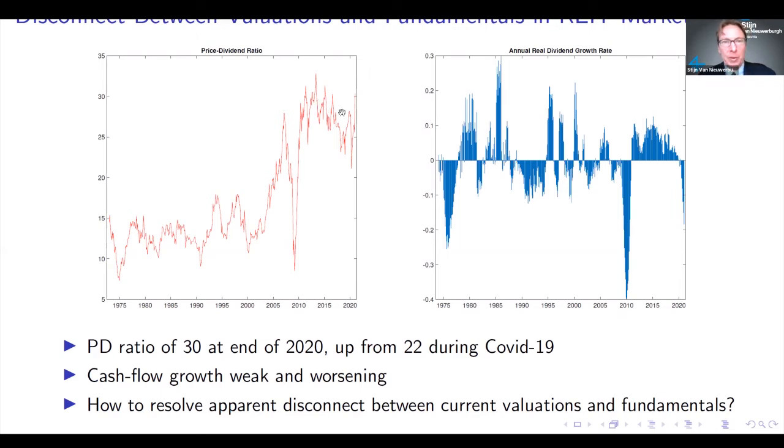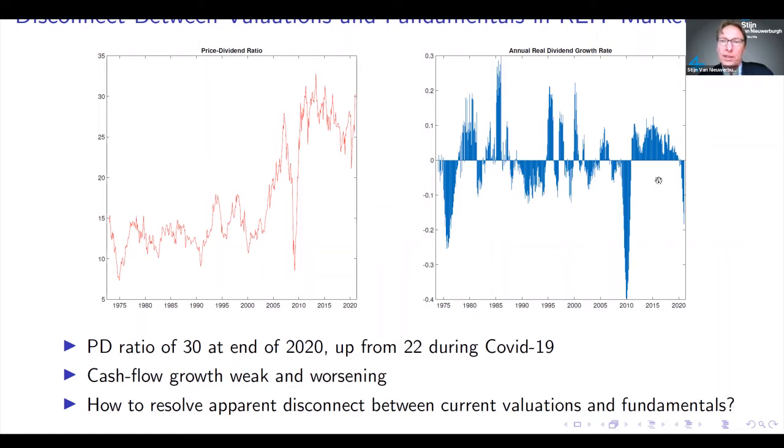Now, what's maybe surprising is that these very high valuation ratios, especially at the end of 2020, are coming at the same time that we're seeing very low cash flow growth realizations, right? At the end of 2020, we're seeing NOI growth that's at -16, -17% year over year.